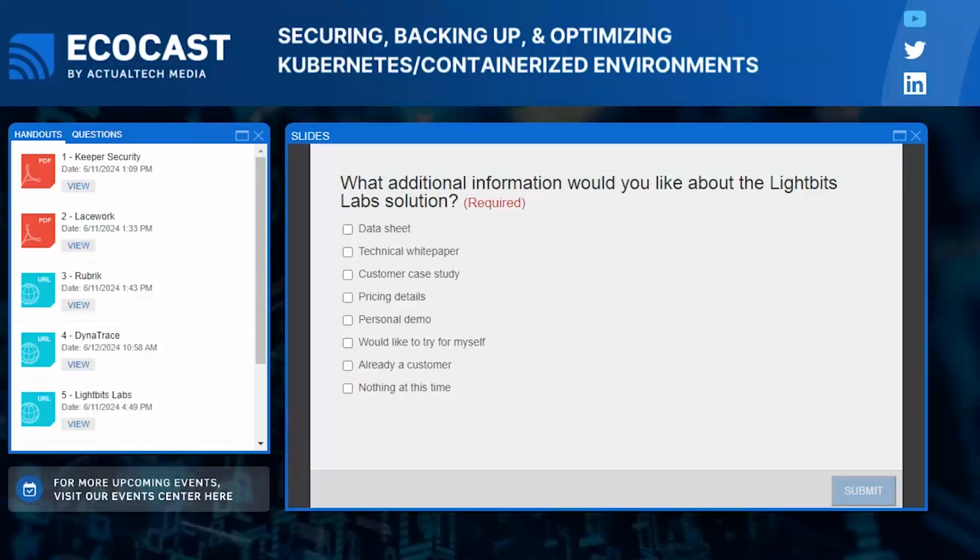Okay, excellent. Next in the queue is, what management tools and interfaces does Lightbits provide for monitoring and maintaining storage in Kubernetes? It's a good question. So Lightbits is fully API driven, as I said. When we're talking about monitoring, we like to fit in with our customers' environments. So today, most of our customers use what we call our exporter, which exports metrics into Prometheus, and then they usually just display that in Grafana.